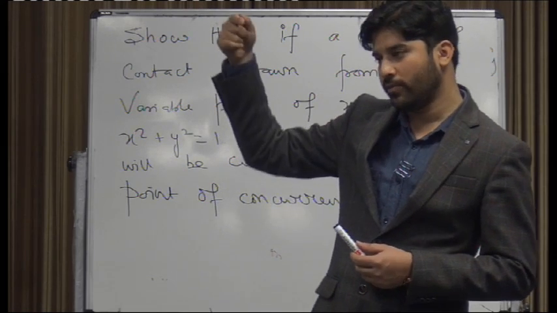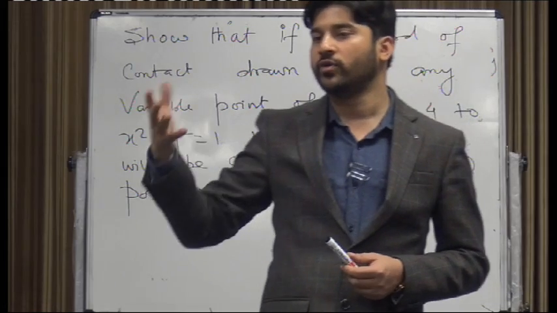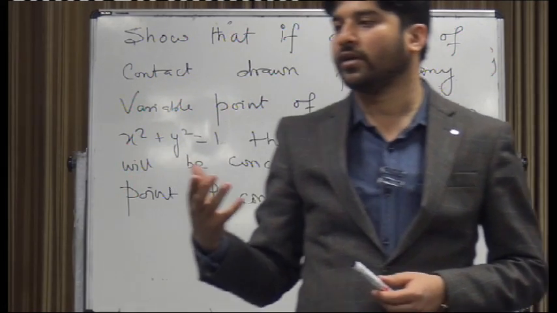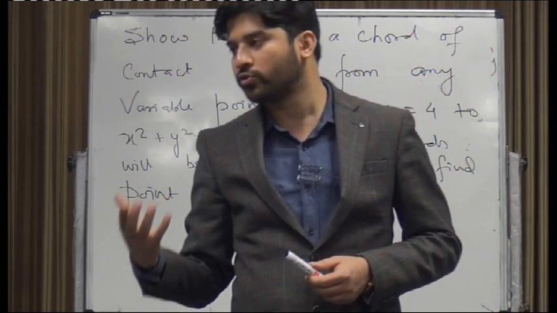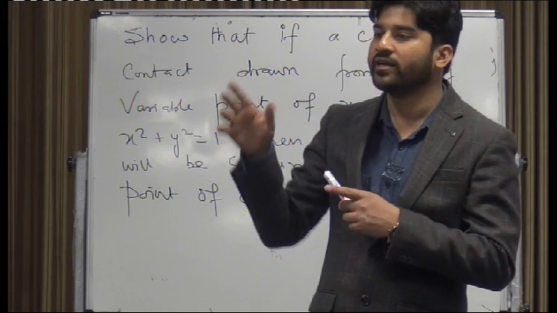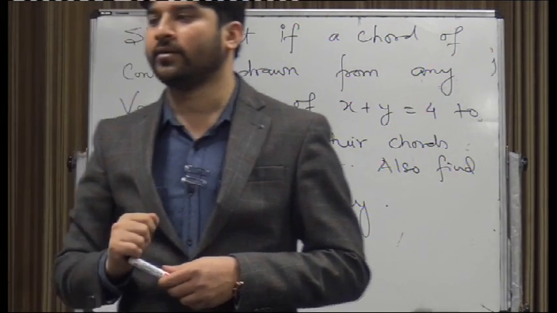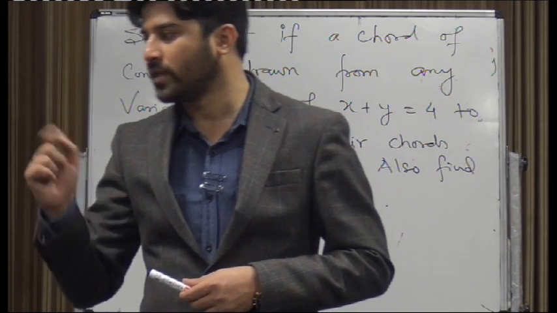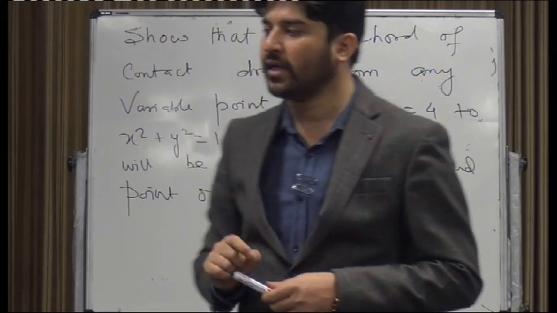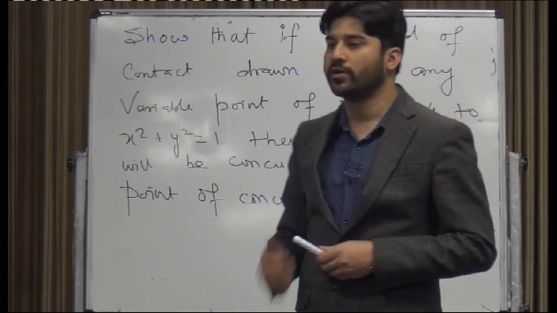There would be infinite points on x plus y is equal to 4, and you can make infinite chords of contact. The questioner wants you to prove that all those infinite chords would be concurrent. They would be passing through one point. You have to first prove that, and then second you have to find that particular point. What would be the value of that particular point?